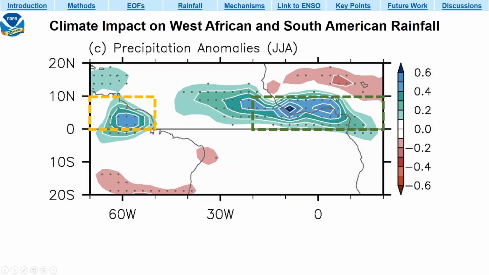But I'm showing only the land precipitation, so the precipitation over ocean is not included. And then I'm going to show you also the precipitation over this South American sector, between the equator and 10° north. So I'm going to show you the two time series here.